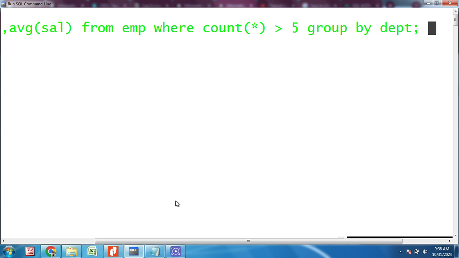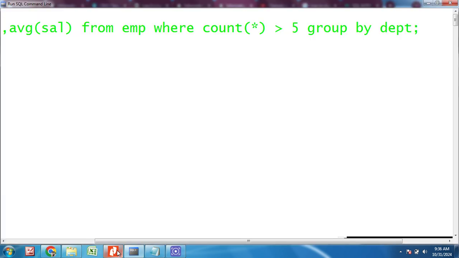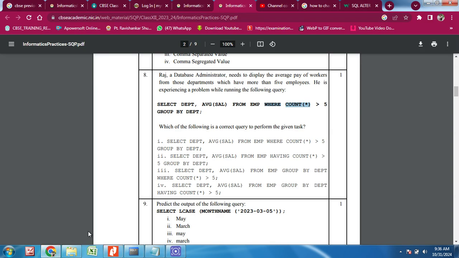And if we look at our question paper, the same command is given in the first option.